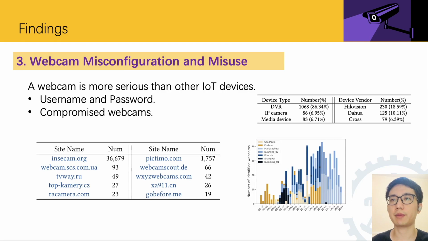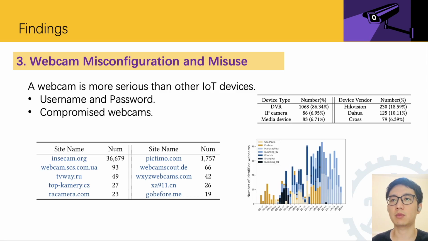As for webcam misconfiguration and misuse, to load live streams, the username and password should be embedded in the web page. In total, we found over 38,000 username and password pairs exposed from aggregation sites.